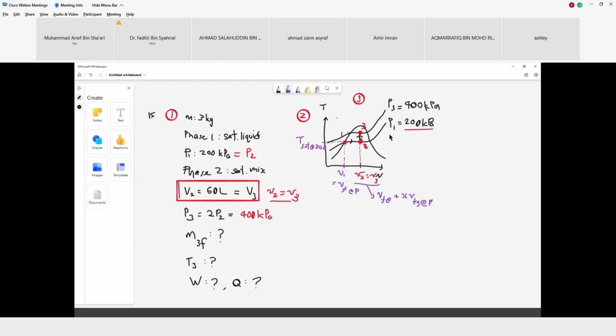For this one, this is another T sat, but for 400 kilopascal.